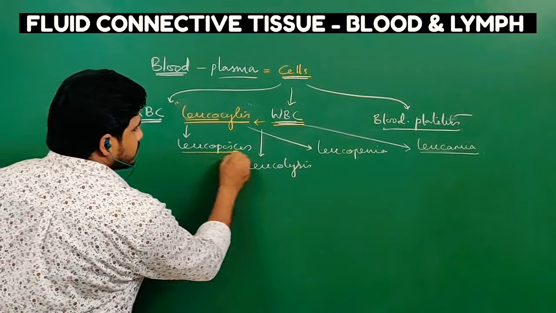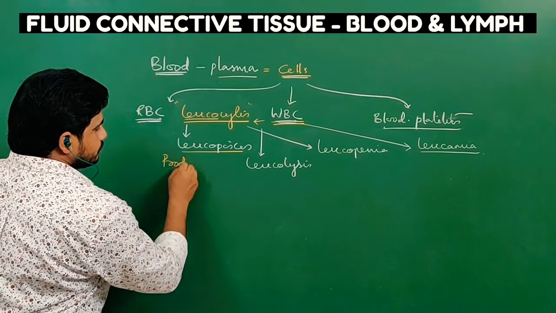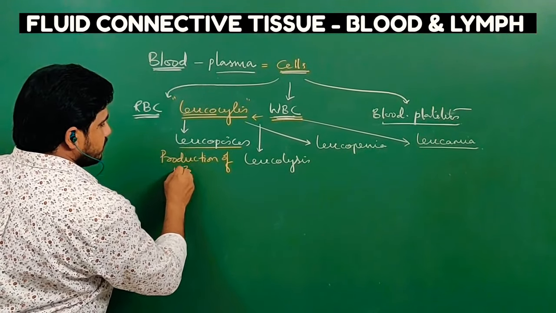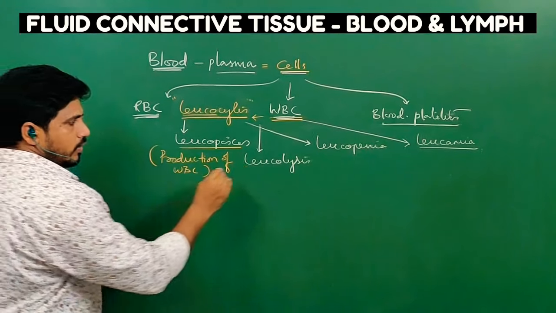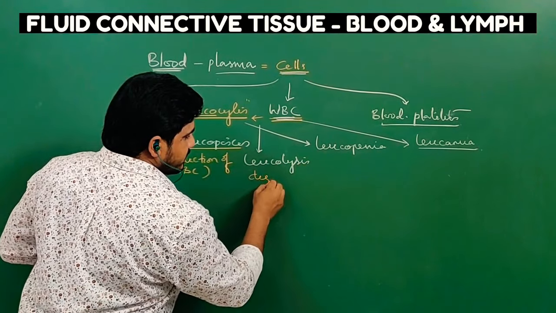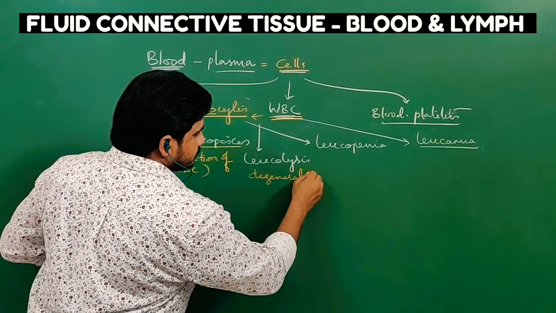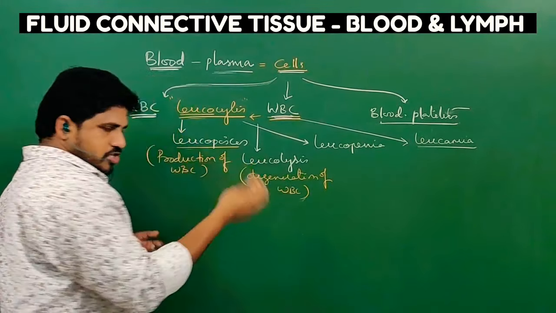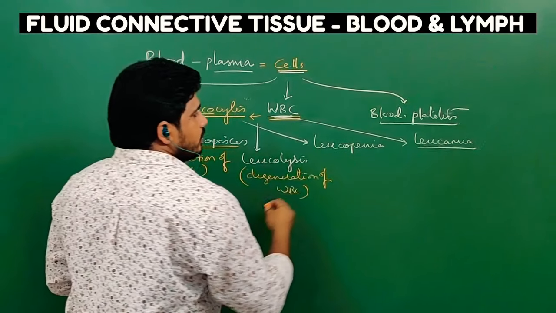What is leukopoiesis? Production of WBC. Clear. What is leukolysis? Degeneration of WBC or destruction of WBC.